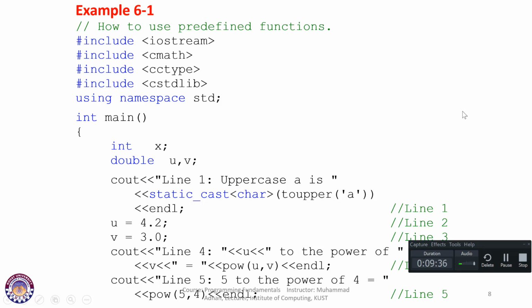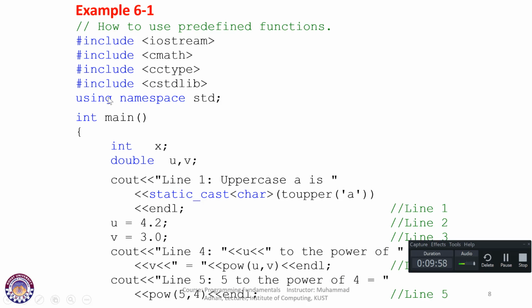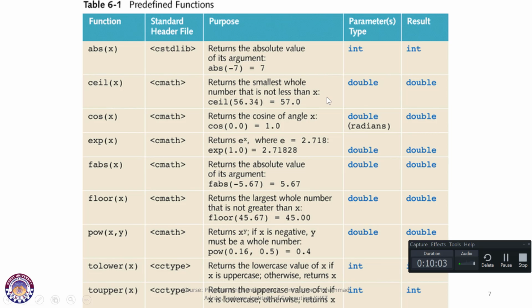So here is a C++ example, which you can just copy and paste, showing how to use a predefined function. We are including the iostream header file, the cmath header file, and the cctype header file. Remember why we use the cctype header file? In order to use these two functions, tolower and toupper. And then we have the cstdlib header, which is used for the abs built-in function.